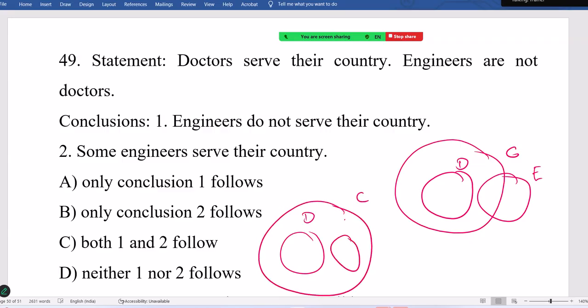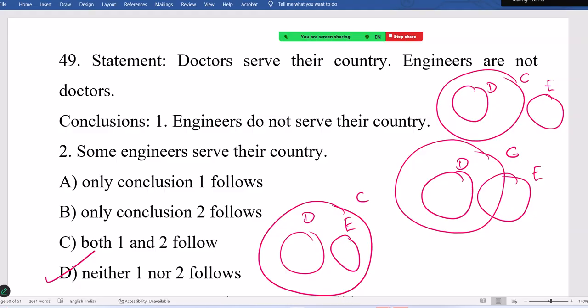Engineers are not doctors, but some engineers serve their country, some doctors serve country. Engineers are not doctors, so neither one nor two. So as per first one, engineers do not serve country. So here second one fails. Here engineers serve country, first one fails. Both not true in same diagram. One failed there, one failed in other diagram. So I cannot say that.